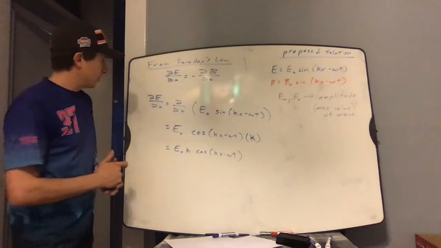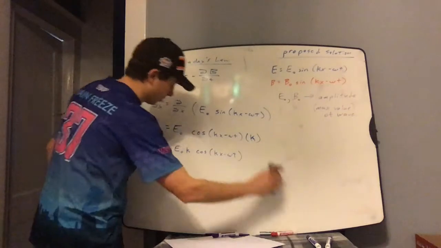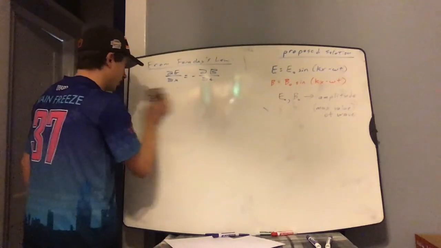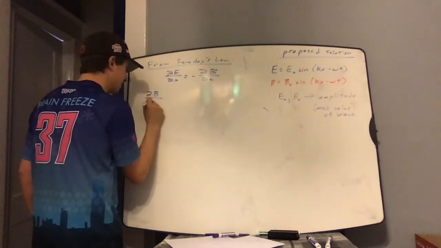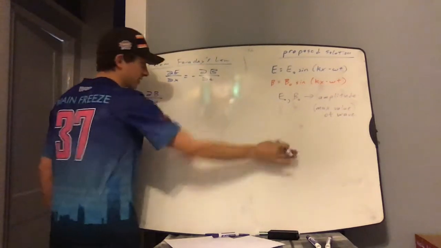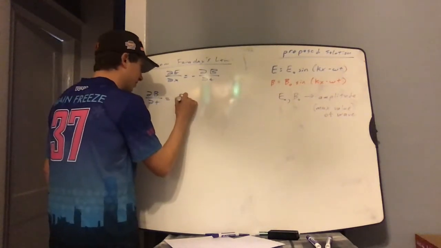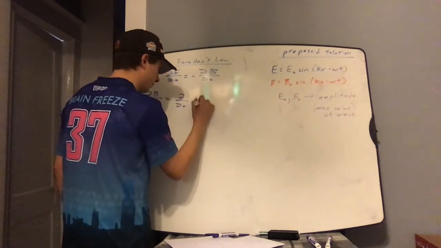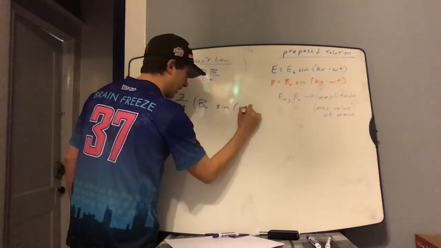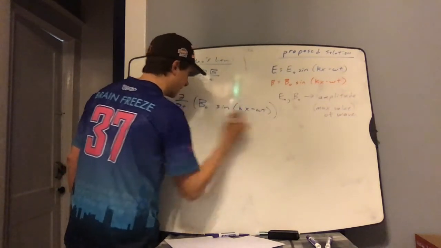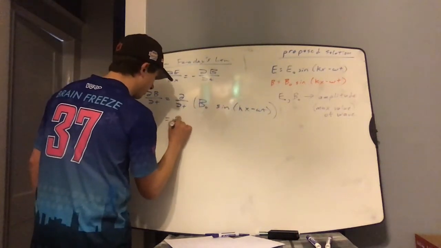What about the derivative of B with respect to time? We could figure that out too. The partial derivative of the magnetic field with respect to time is the partial with respect to time of B naught sine kx minus omega t. B naught, again, your maximum value is constant, so that could come out front.